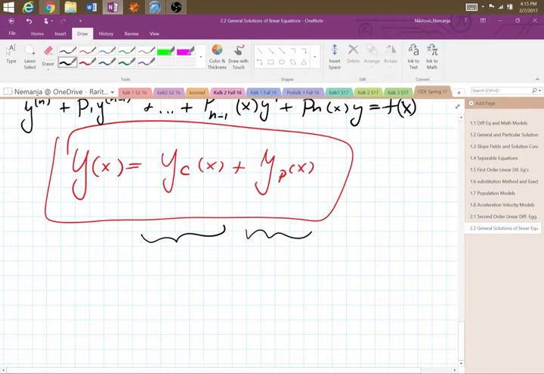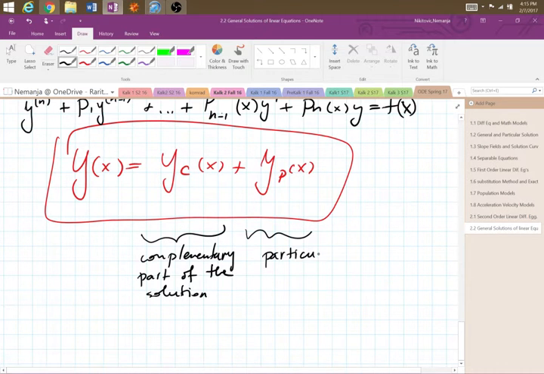So this one is the complementary part of the solution. And this is particular. Solved.